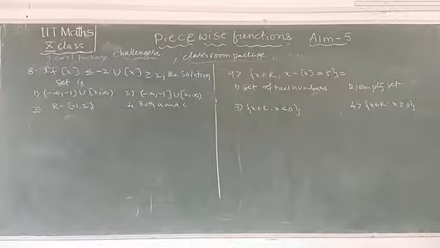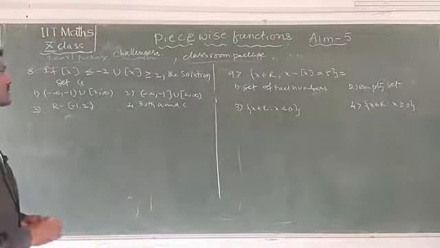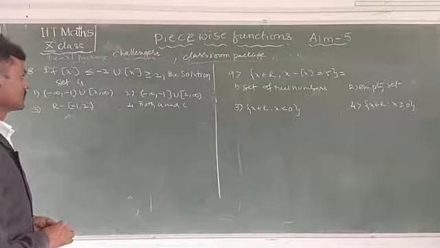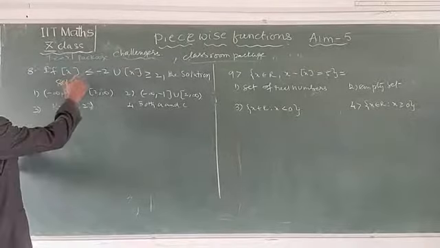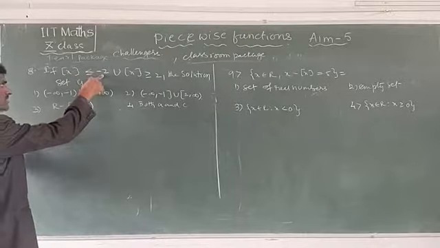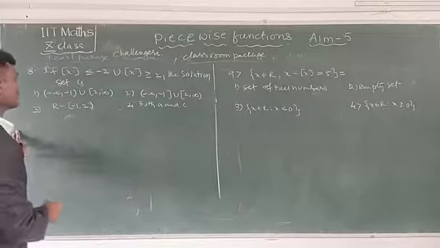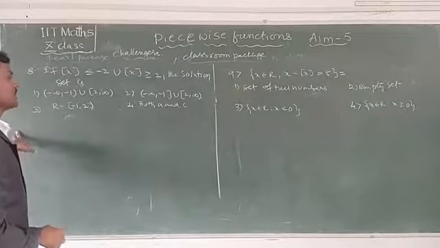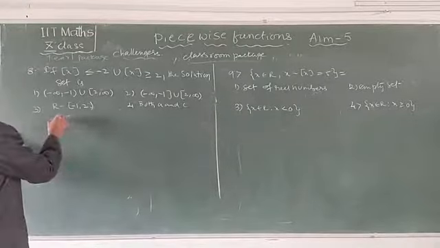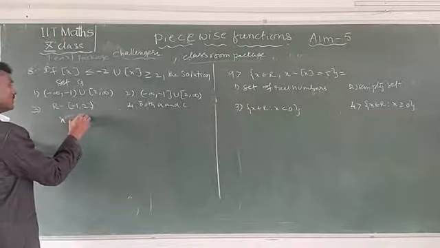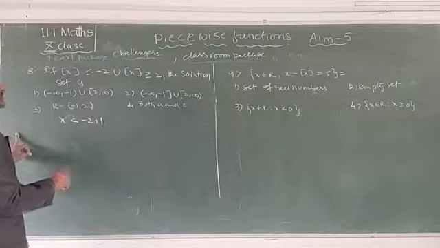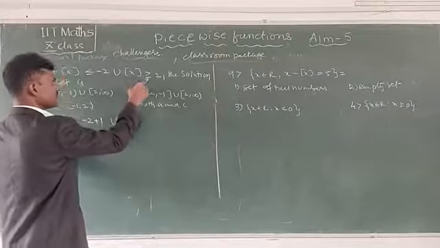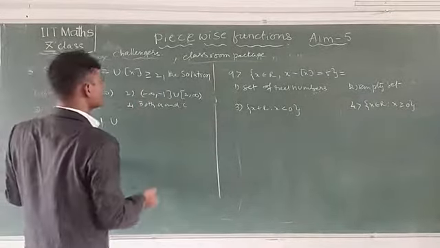If [x] is less than or equal to minus 2 union [x] is greater than or equal to 2, then the solution set is, see here, [x] is less than I means x is less than I plus 1. Here x is less than minus 2 plus 1, it means union. Here [x] is greater than or equal to 2 as given.